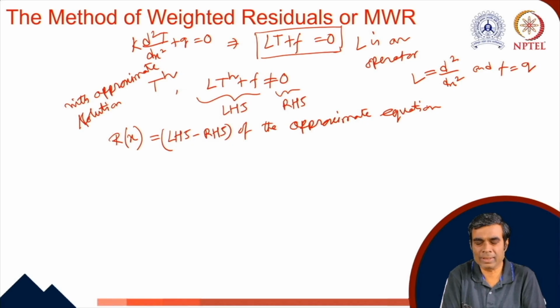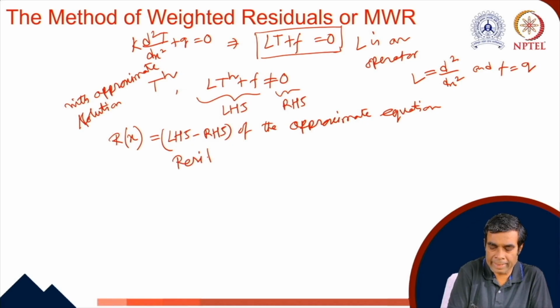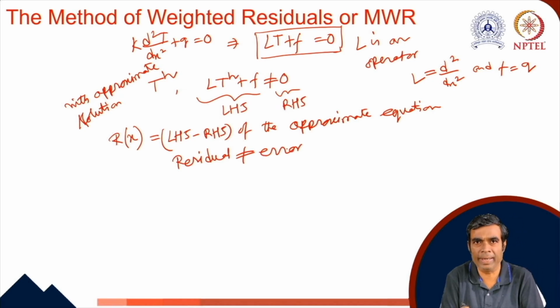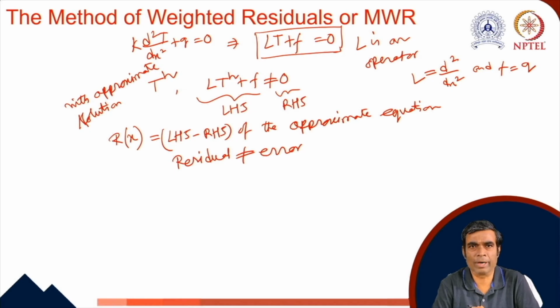Here I mentioned that residual and error are not the same thing. In the residual, we talk about the difference between the left hand side and right hand side of the governing equation when we try to satisfy it with the approximate solution. So residual is related only with the governing equation, and when we talk about the error, we talk about the difference between the exact solution and approximate solution of a particular equation at a point or at many points, or at the same point at different time levels or at different equation levels.